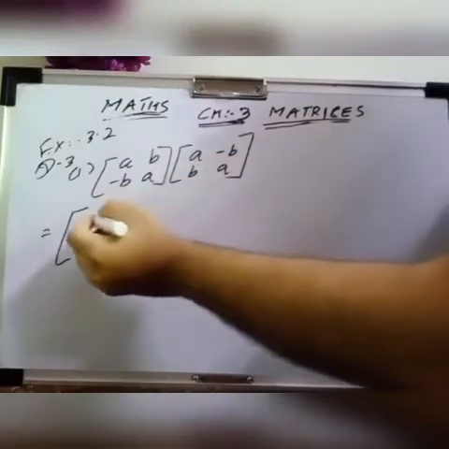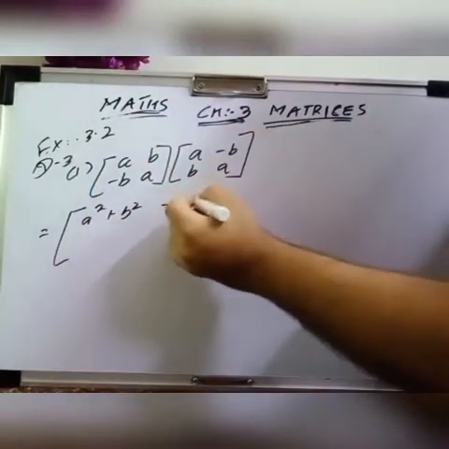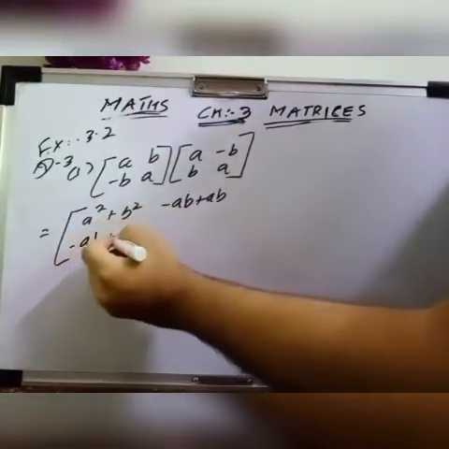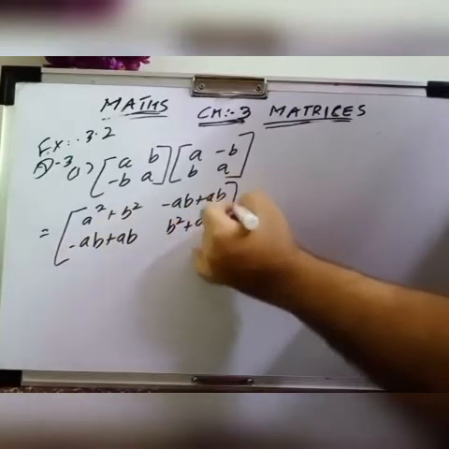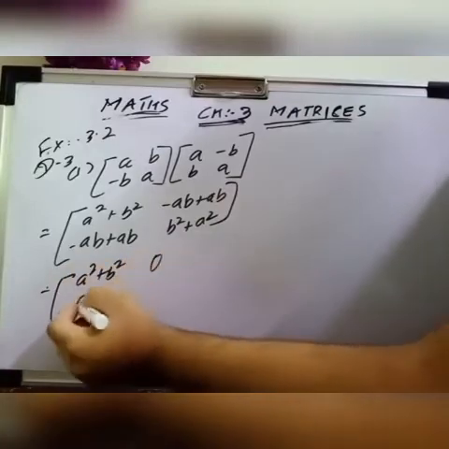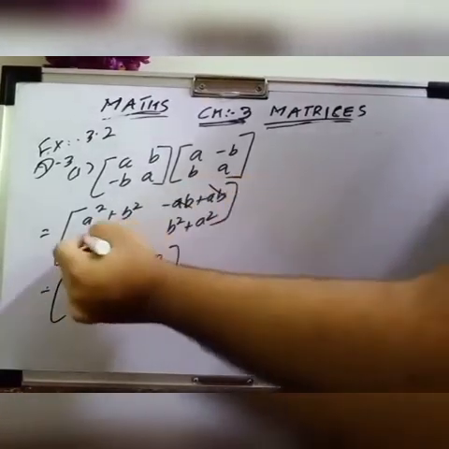Row column will give me A square plus B square minus AB plus AB minus AB plus AB, B square plus A square. Therefore the answer is A square plus B square, 0, 0, A square plus B square. This will get cancelled. Right.